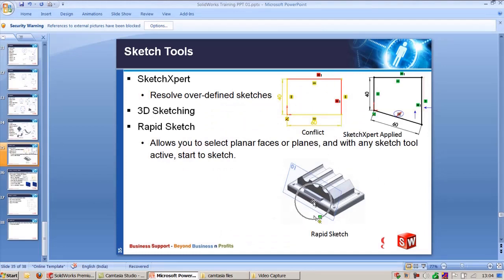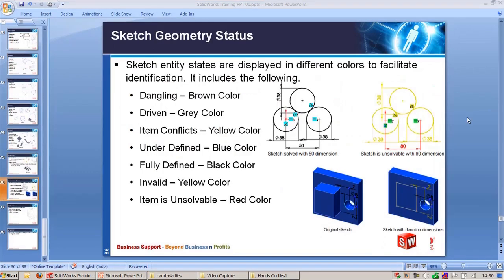And this representation will give you an idea how this plane is highlighted when you activate the rapid sketch. Let's see in the next slide about the different colors we get in sketch environment. Let us see the different colors in sketch environment which indicate the status of the sketch.